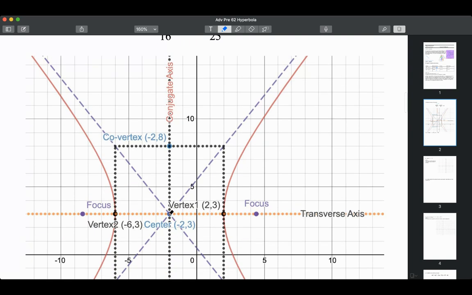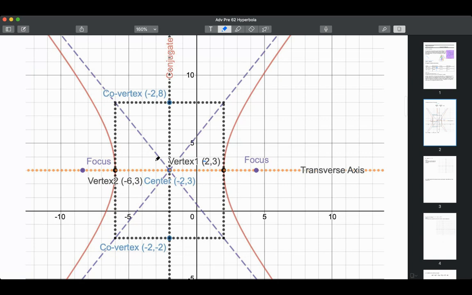So from my center at (-2, 3), I'm going to go over 1, 2, 3, 4, 1, 2, 3, 4 to reach the vertices. I'm going to go up 5, down 5 to get to my co-vertices.